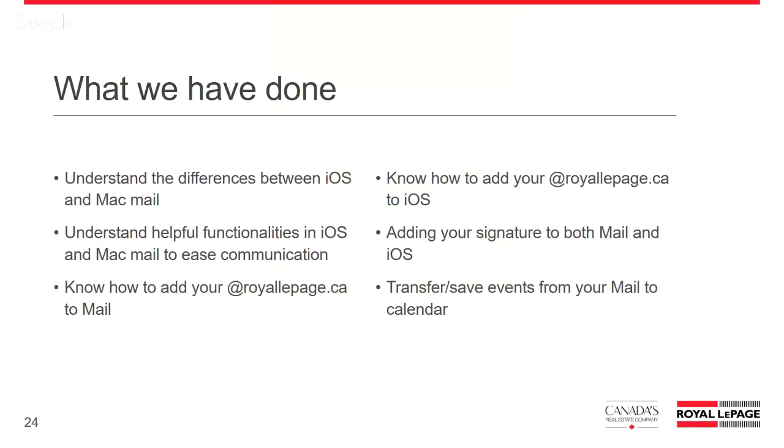We also understood the different functionalities in iOS to help ease communication. Those different functionalities are the different filters that we have access to within the iOS device. And again, I need to say this: some of those filters are in Gmail as well, in the webmail of Gmail.